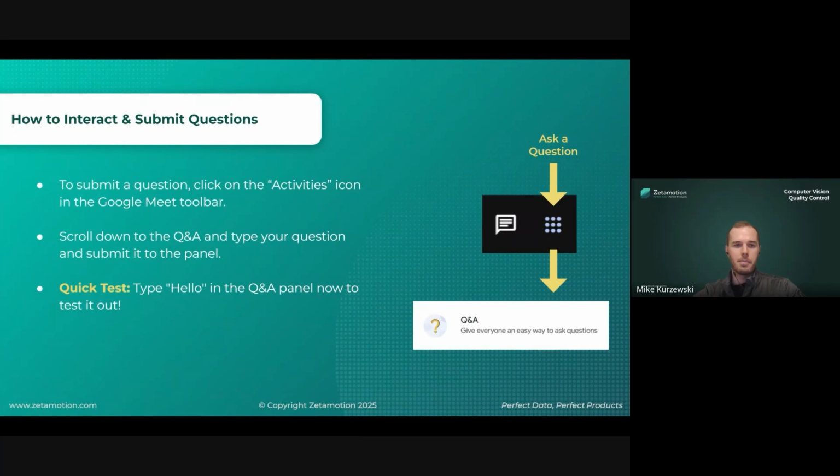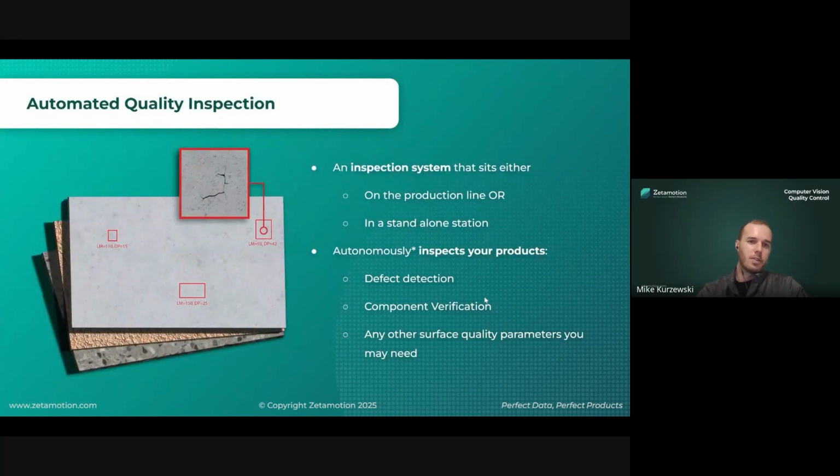Okay, cool. Let's jump straight into it. So the topic today is obviously AI inspection, and that's all around automated quality inspection. And just so that we're on the same page and we all know what exactly we're talking about here, it is basically having an inspection system that sits either on your production line or in a standalone station that automatically detects defects on your product and does your quality control process for you.